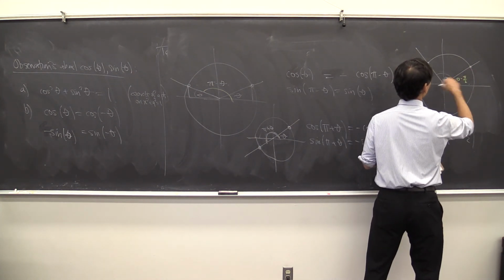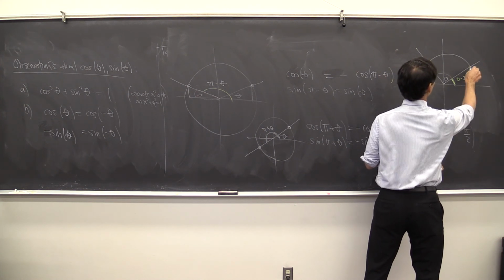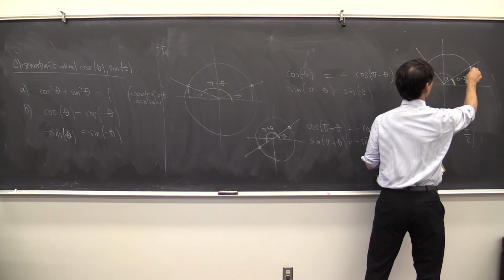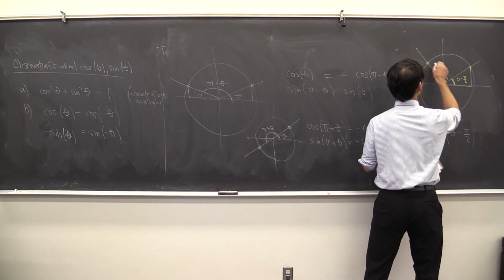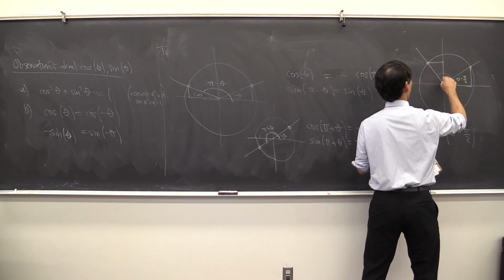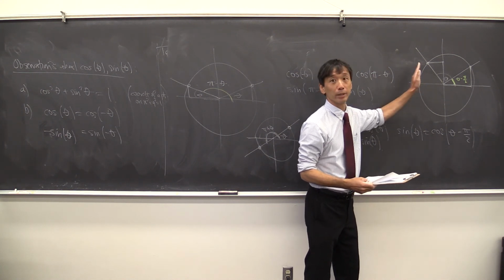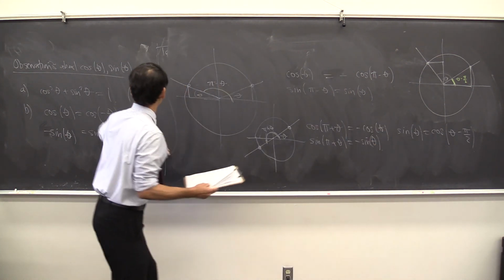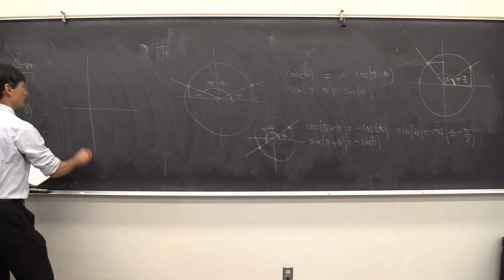So what I hope you see is that this triangle and this triangle are identical to each other. One is just a rotation of the other. Let me draw it a little bit more suggestively.